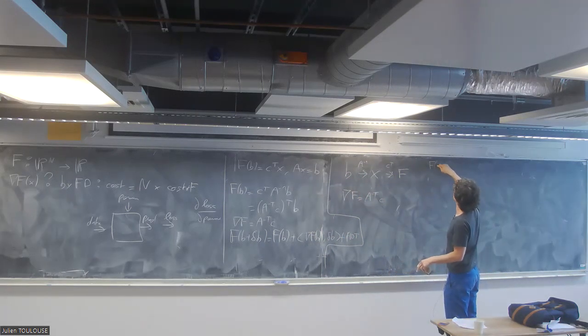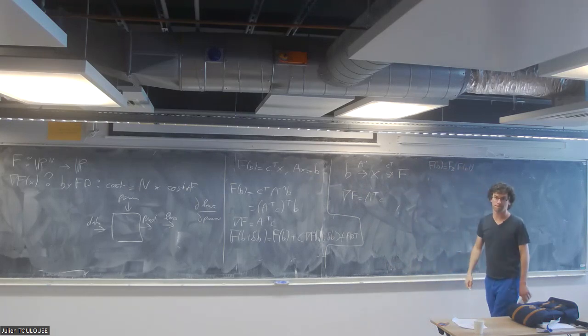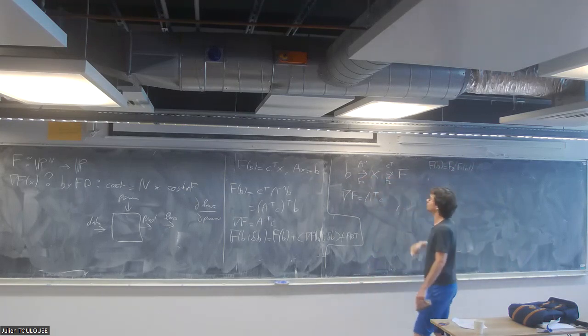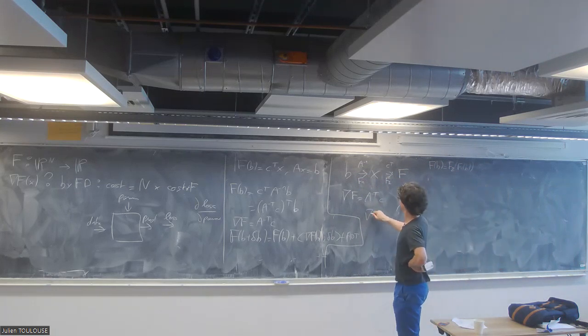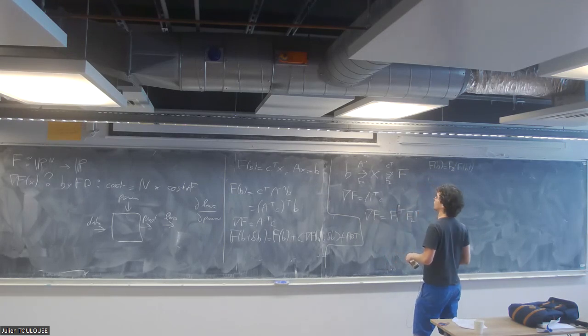So what happens if I see this in a general context? Here I've got that F of B is F2 of F1 of B. This is F1, this is F2. What do you find? You find that the gradient of F is nothing else than F1 prime transpose, F2 transpose.